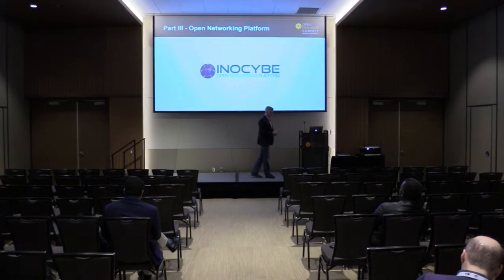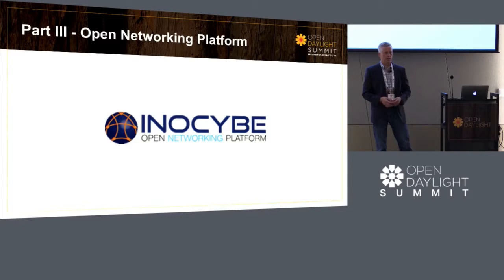And at Inocybe, what we've done is take that exact problem statement and turn that into a way to do that, and we do that with what we call our Open Networking Platform. The Open Networking Platform is a SaaS-based model, a software as a service platform for creating OpenDaylight distributions.